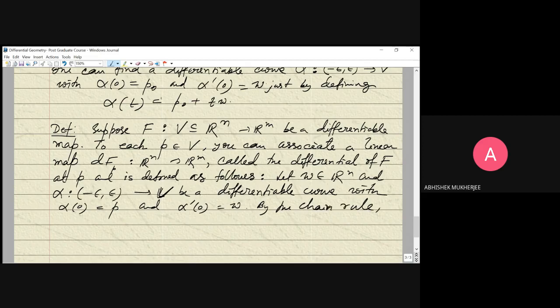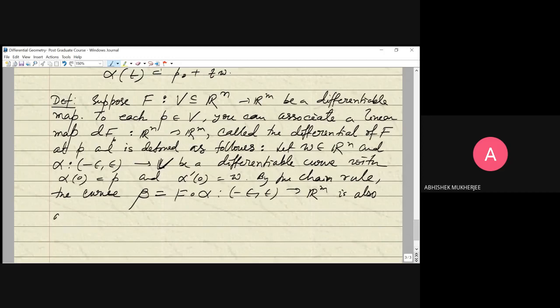you see that the curve beta equals F composed with alpha. So this will be a curve from minus epsilon to epsilon to Rm. This curve is also a differentiable curve, right?